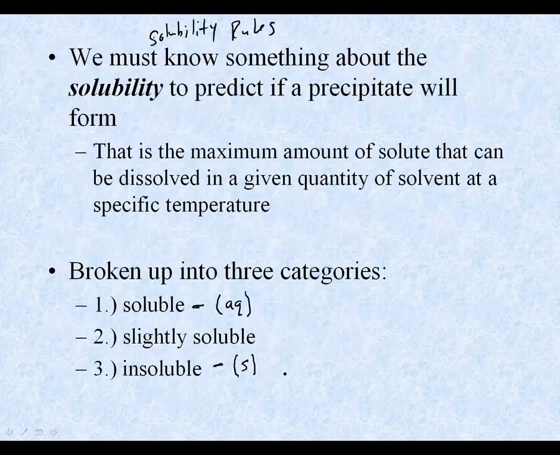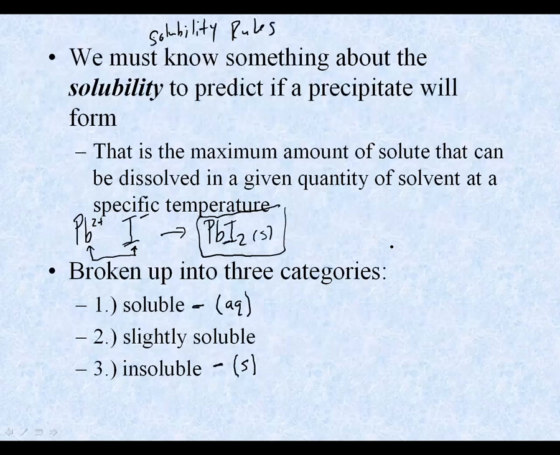So for example, in the last one that we looked at, when we put together the lead with a +2 charge, and it came together with our iodide with a -1 charge to make that PbI2, the combination, based on solubility rules, tells us that a solid would be made. It's insoluble, and that's why that formula there had the solid next to it. And it's based on these solubility rules, which we'll see in the next couple of slides here.